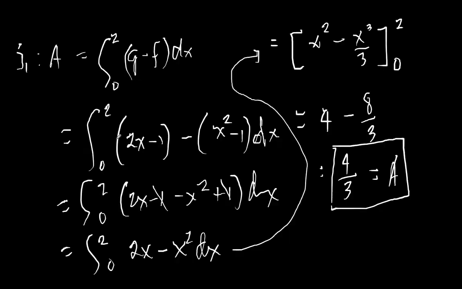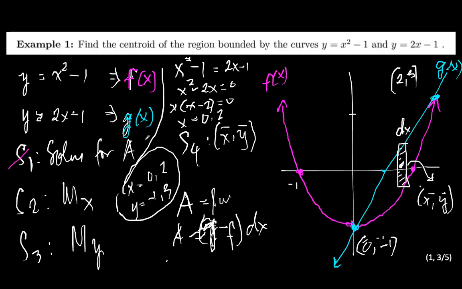We know that the moment is equal to m sub i, the mass of a specific rectangular representative, times the distance to the axis we're referring to, which is the x-axis. So we're going to use the graph here.